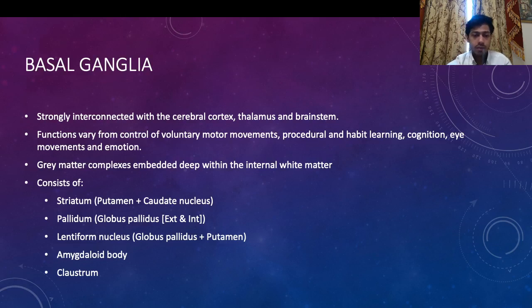And we can break some of these things down into 2 separate components. So striatum is made up of the putamen and the caudate nucleus, whereas the pallidum is made up of the globus pallidus, both the external and the internal, and the lentiform nucleus is made up of the globus pallidus and the putamen.